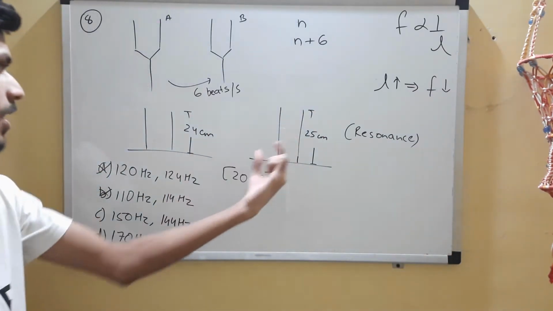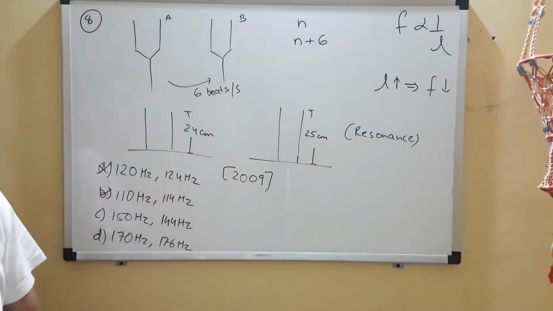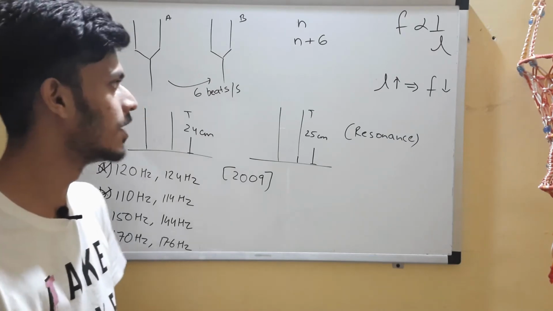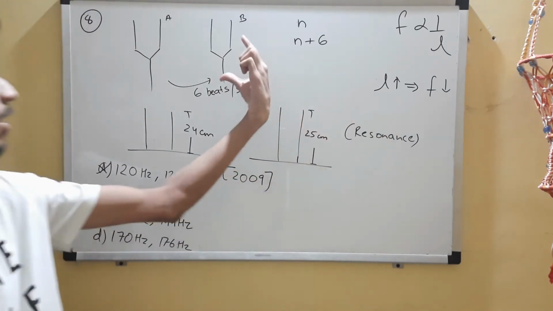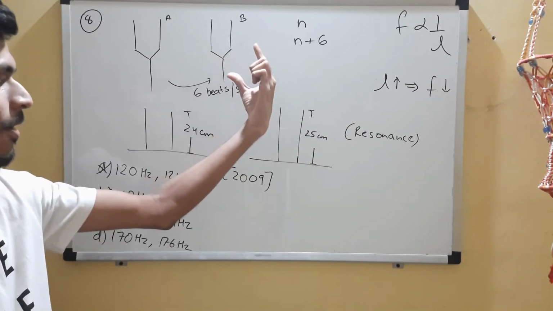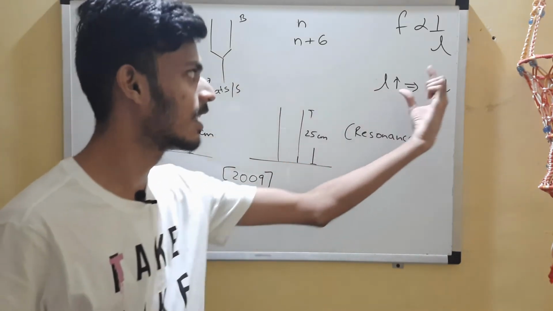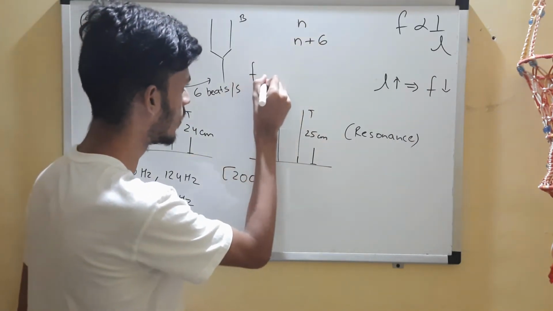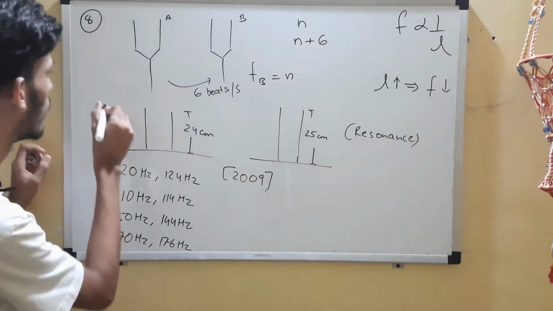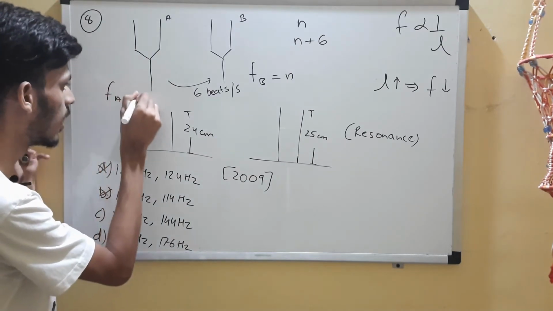So you can see over here 25 centimeters for tuning fork B, which means we require n. This frequency of B will be n. Why? Because larger length, lesser frequency. Lesser frequency is n, right? So frequency of B will be n, frequency of A will be n plus 6.